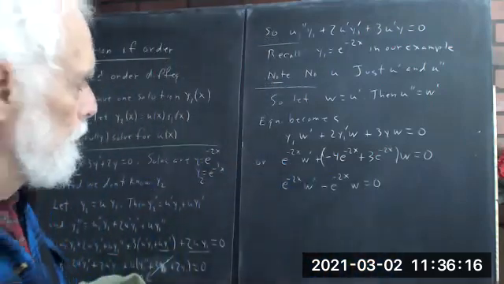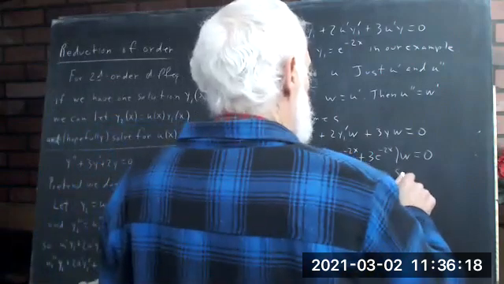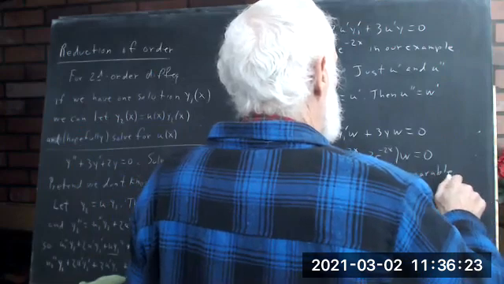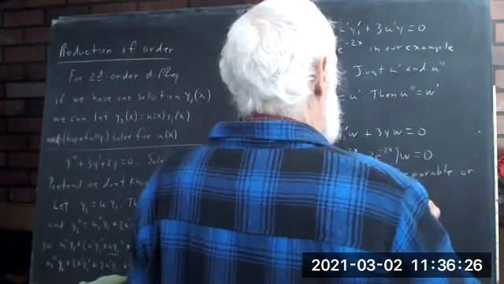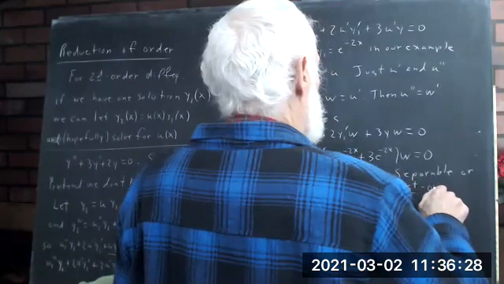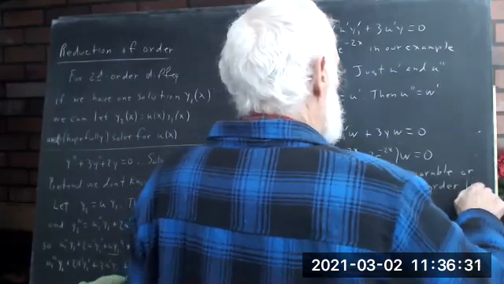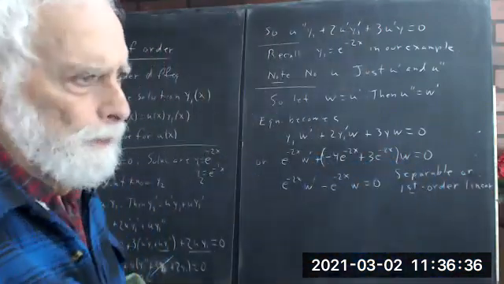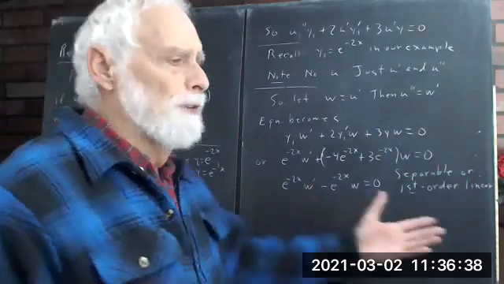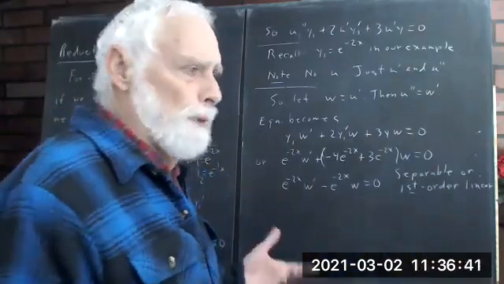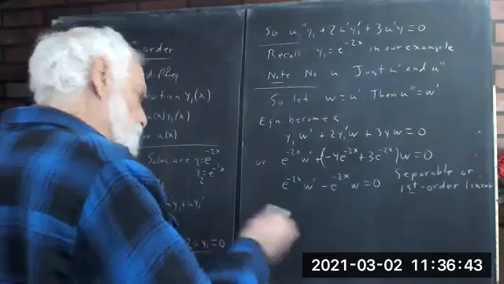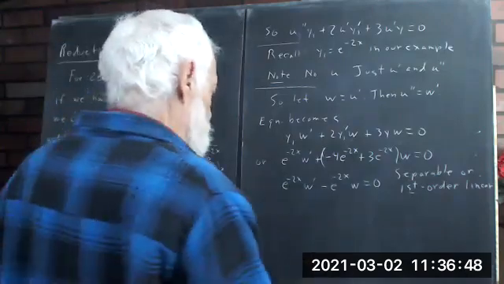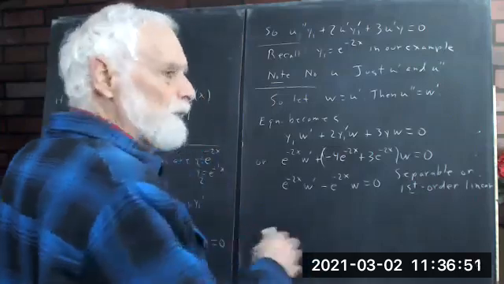Separable or first order linear. Now, in this case, the equation is almost trivial because to put it in standard form, well, whether to put it in standard form or not, let's go ahead and do the separable.